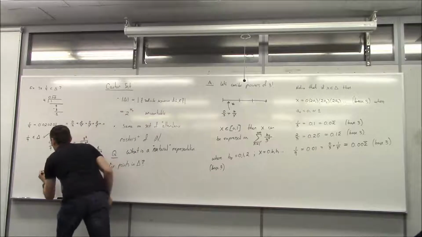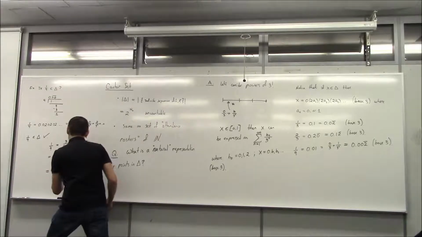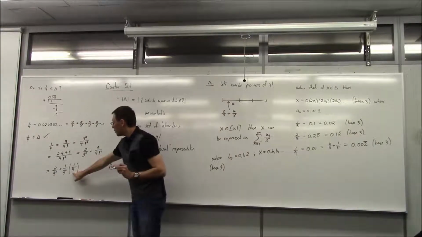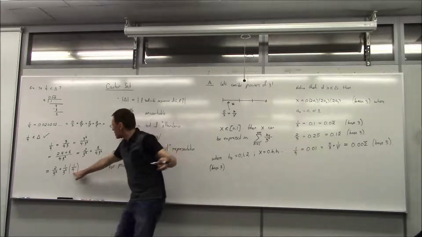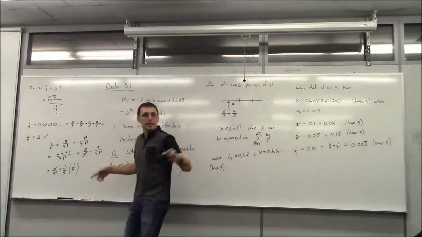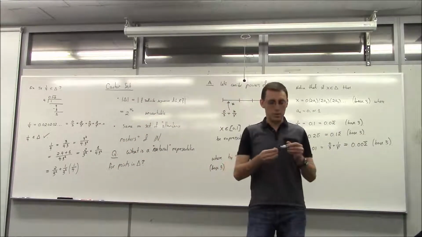So this is 2 over 3 squared plus 1 over 3 squared times 1/4. And then for 1/4, I use recursion: it's this plus that. Again recursion, this plus that, and I continue doing this, and that's how I get this situation.